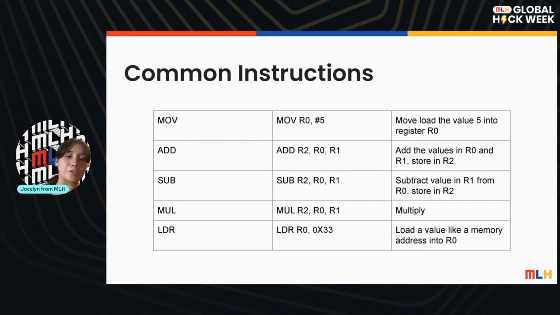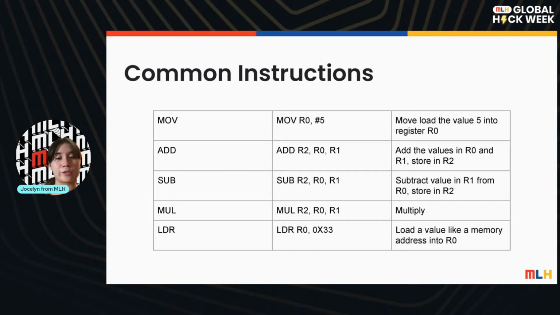In this case, you're adding the values in R0 and R1 and storing the result in R2. You can see R2 as the variable where you're storing your output. So if R0 has 5 and R1 has 1, you add 5 plus 1, which equals 6, and now R2 will be equal to 6.